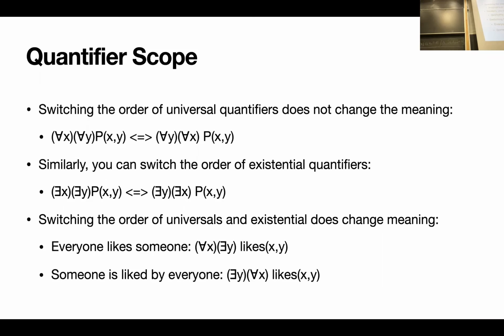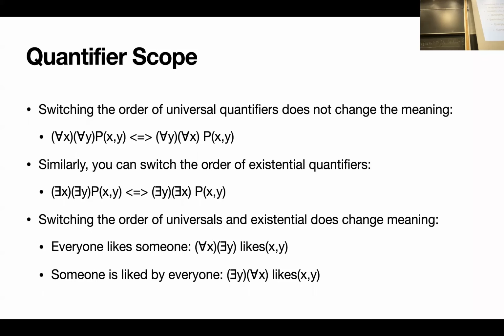But if we flip them around, there exists a y such that for all x likes of x y, this actually means that there exists a y such that all the x's like that person. So that means that somebody is liked by everyone. So it changes the meaning in English if we just flip the two signs.